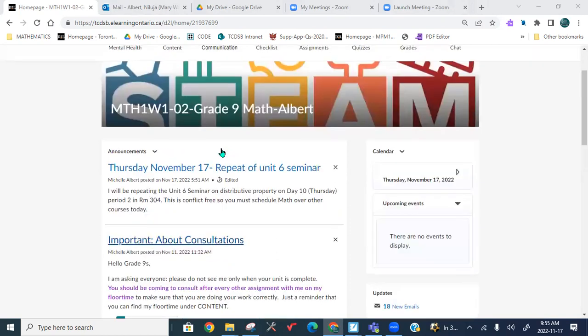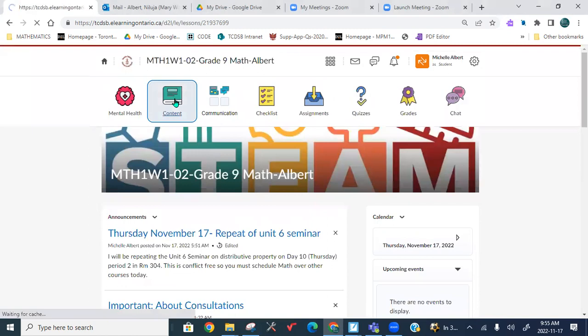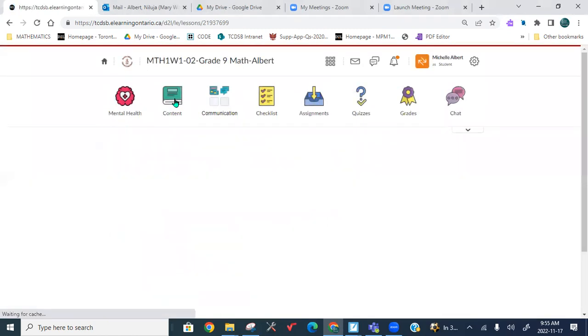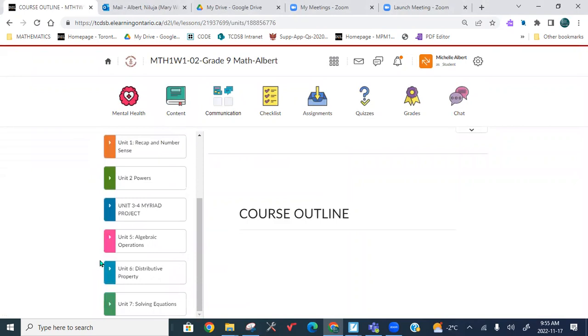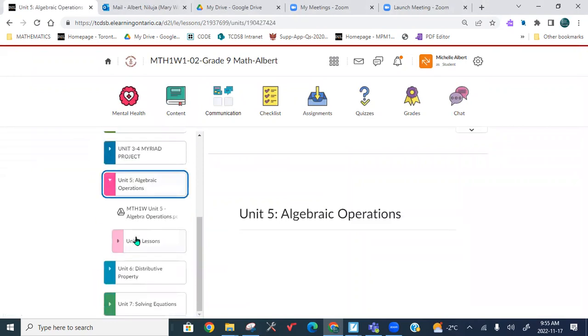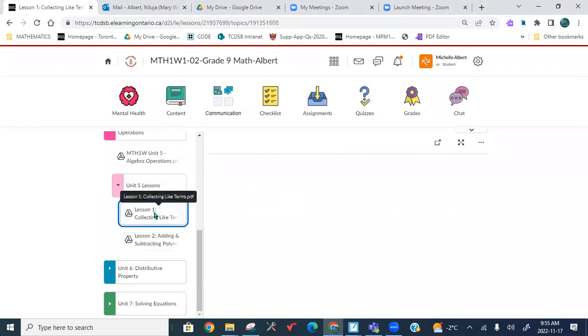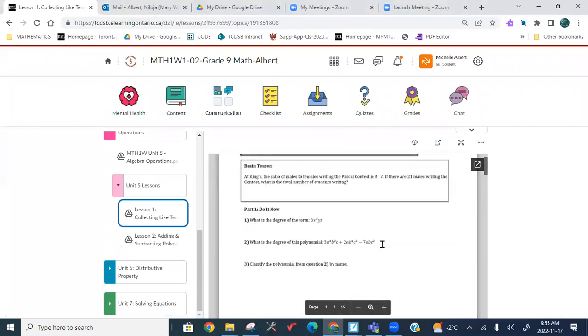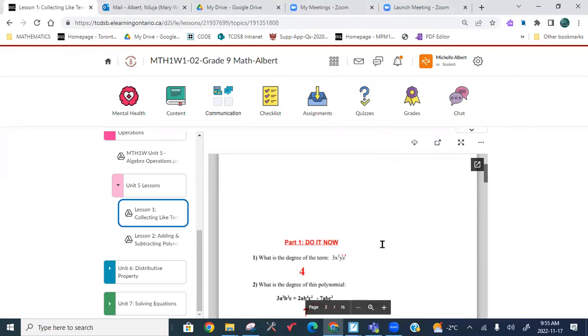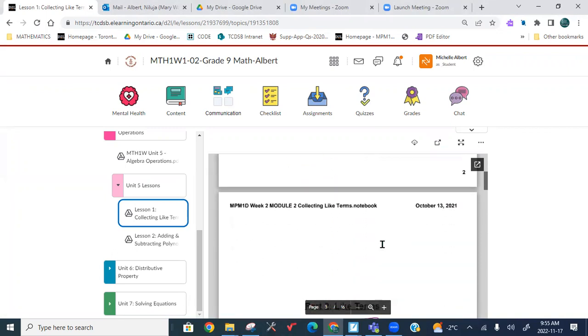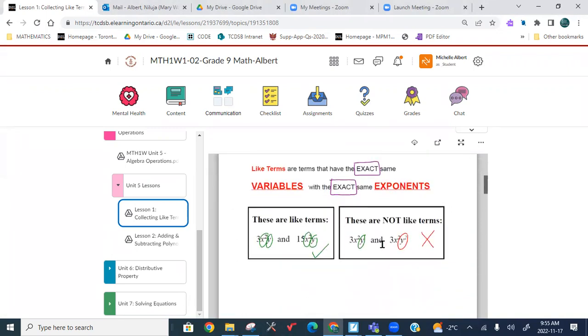The other item that I want you to know for your content page, we repeat this quite often, but if we go down to, for example, Unit 5, you have your unit guide there, but you also have your Unit 5 lessons. So the seminar notes are here. If we go into collecting like terms, there it pops up. These notes should be in front of you when you are doing your Unit 5 guide.